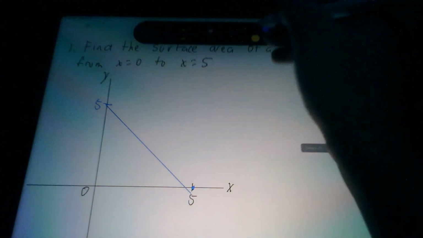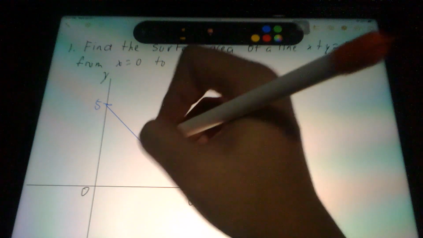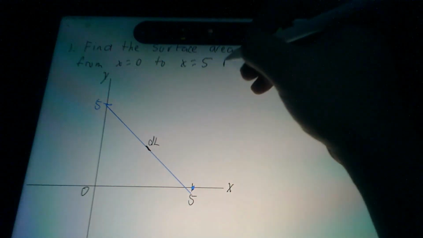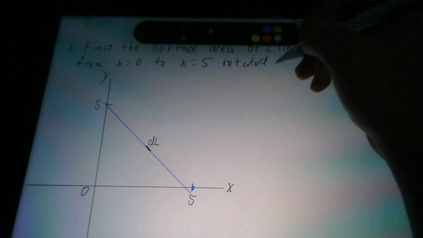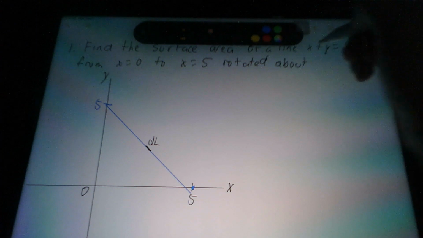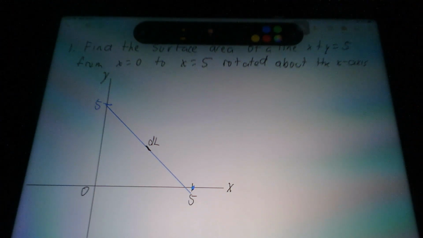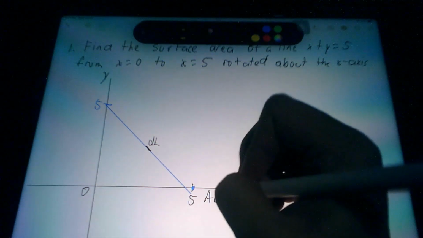So if I put my strip here, this is DL, and it is rotated, I forgot, about the x-axis. Okay, so this is our area of rotation.